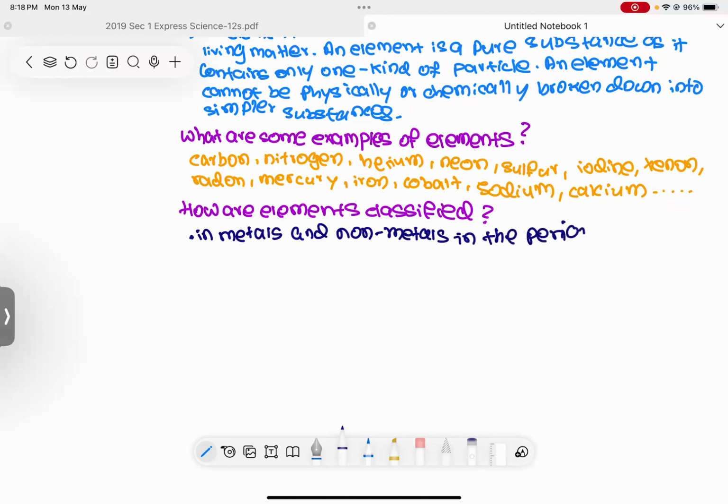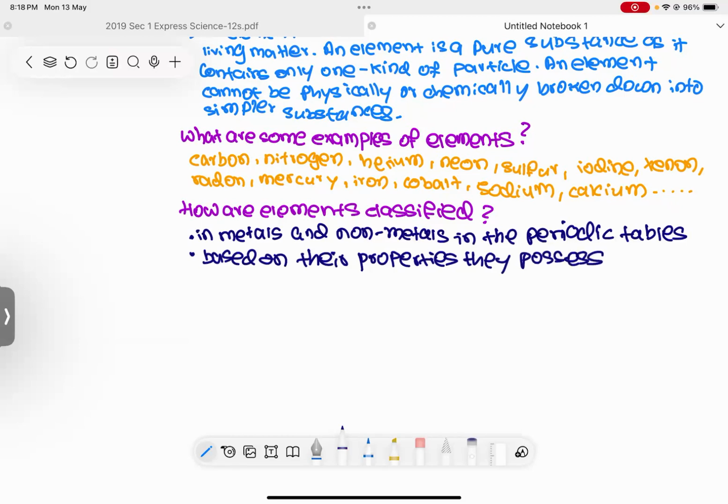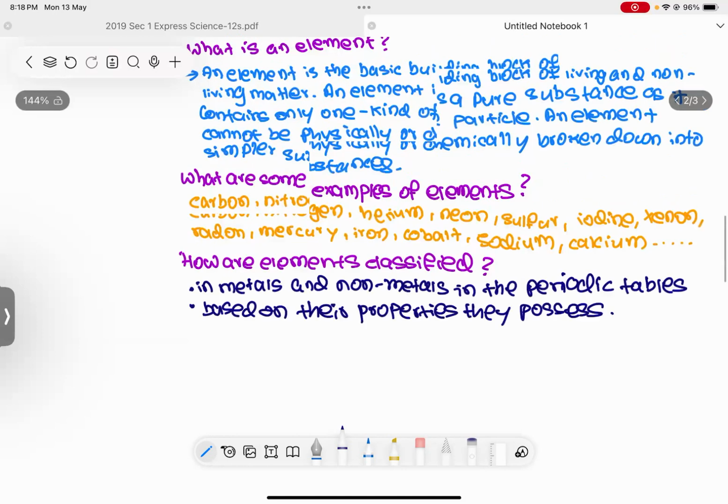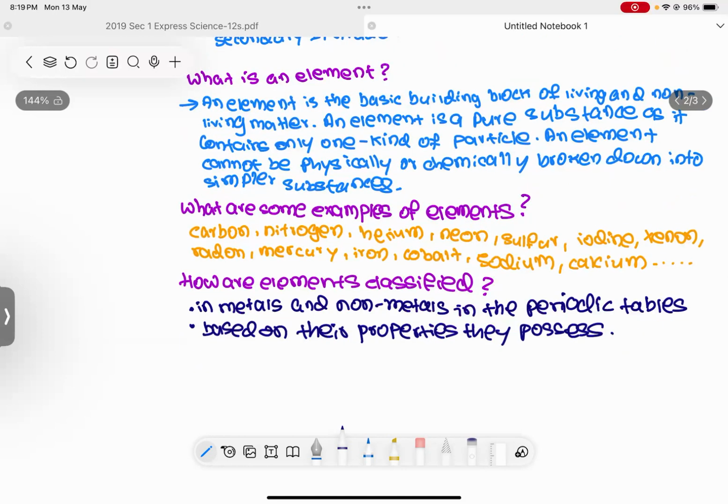Later, when we dive more into this topic, we'll understand what metals and non-metals are. Also, they are classified based on the properties they possess. Okay, so that is all for elements. Now we will be moving on to the famously known periodic table.